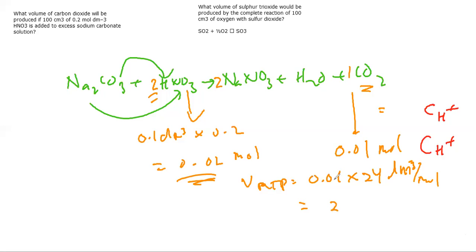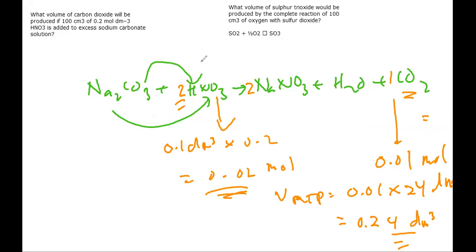So this one is actually 0.24 dm³. Okay, that's the solution. You need to convert everything that you have into mole, and then you use the stoichiometric equation to find the answer.